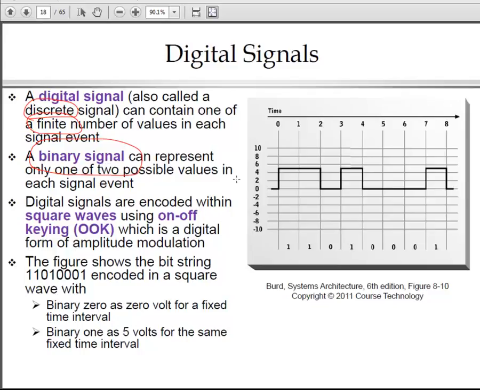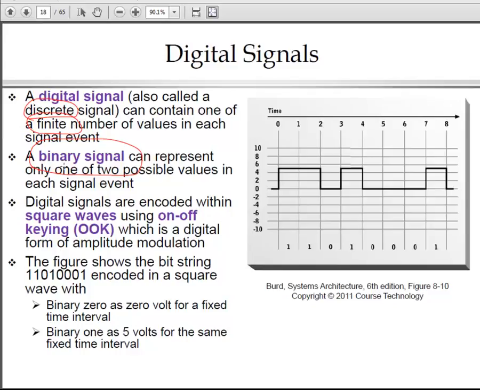So in a single signal event, a single wave cycle if you like, a binary signal can only carry one of 2 possible values, whereas an analog signal can carry, in theory, any one of an infinite set of possible values.